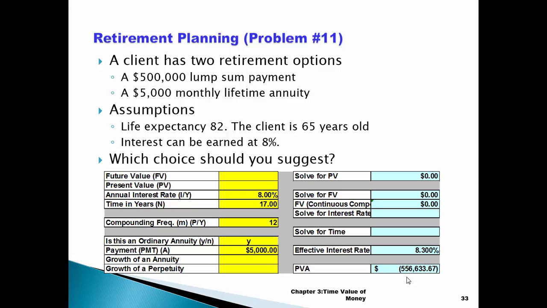So what is the value of $5,000 a month for 17 years if you could earn 8%? And the value is $556,000. So which would you rather have? The lump sum payment of $500,000 or the present value of those $5,000 monthly payments of $556,000? I think obviously you would rather take the monthly lifetime payments rather than the lump sum.